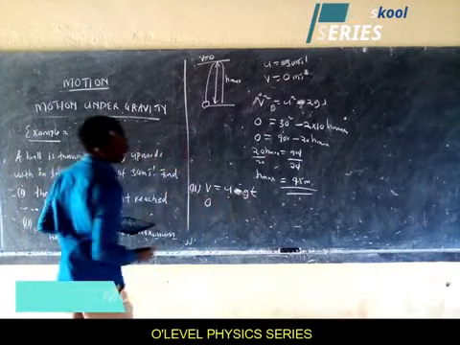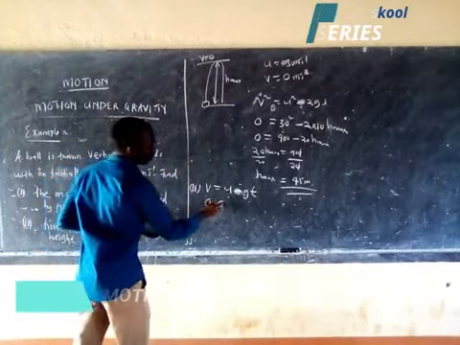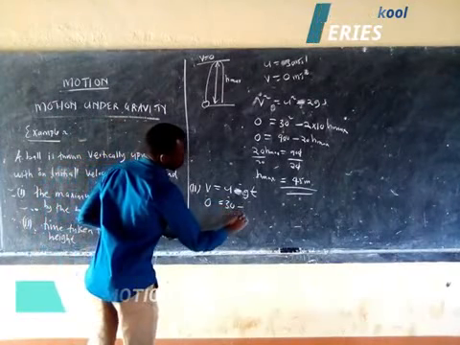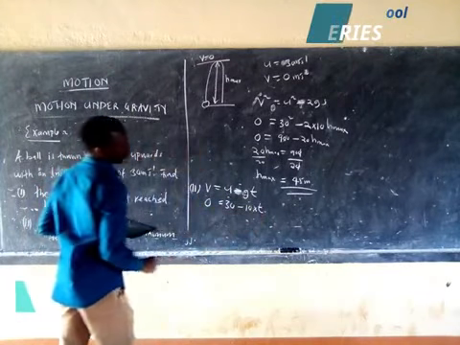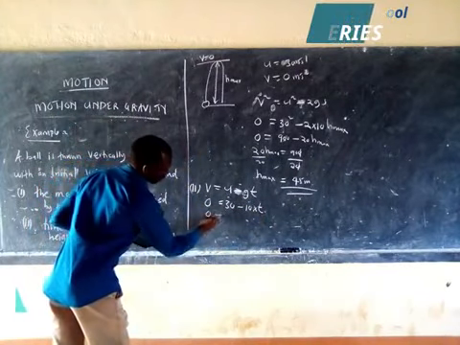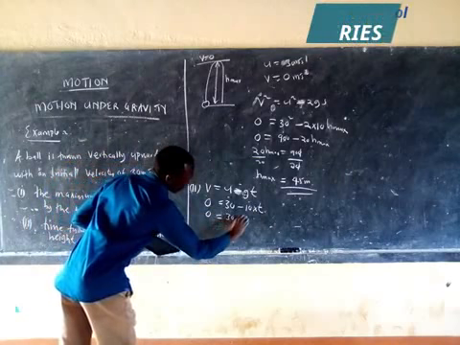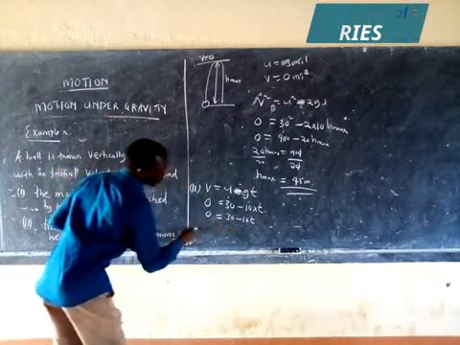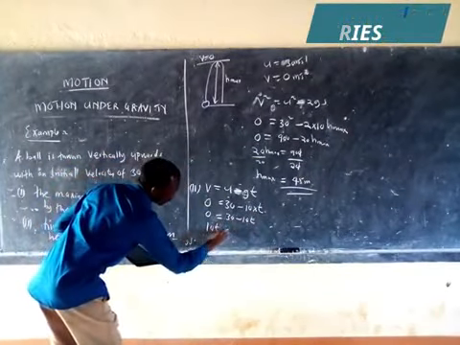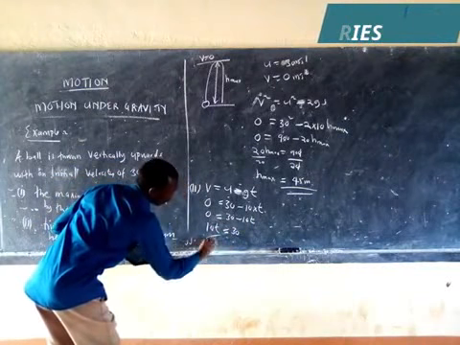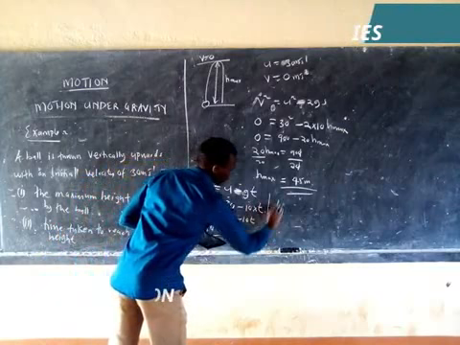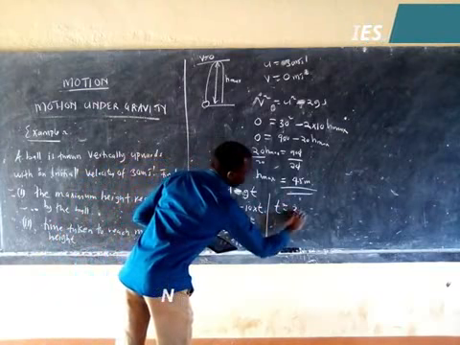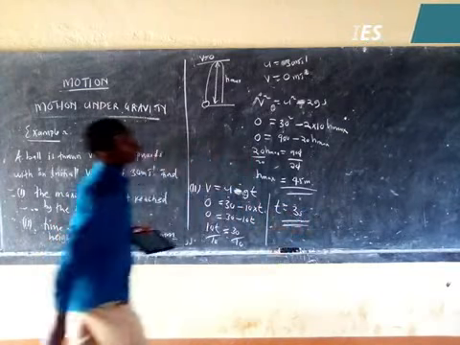This V is 0 at maximum height. Now the U was 30, minus the G which is 10, times the unknown time. This gives 0 equals 30 minus 10t, so 10t equals 30, giving us t equals 3 seconds.